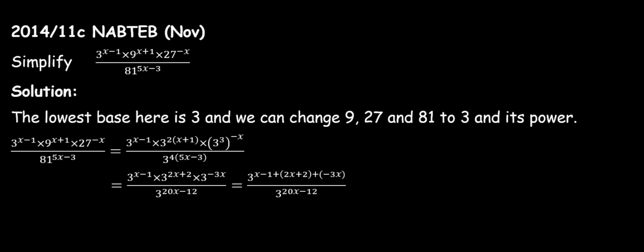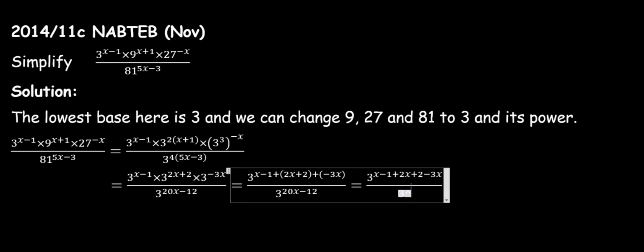Now, let's still look at the numerator and see how we open up the bracket, which is equal to 3 raised to power x minus 1 plus 2x plus 2 minus 3x, all over 3 raised to power 20x minus 12.